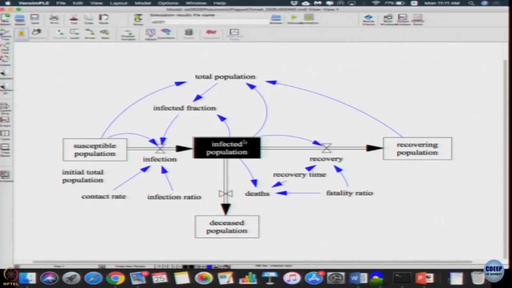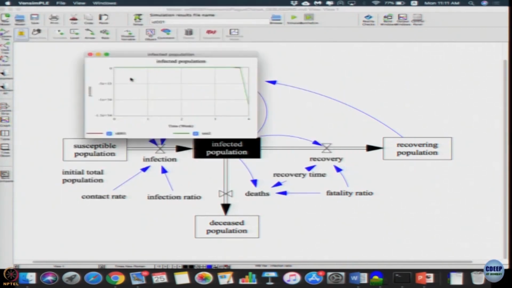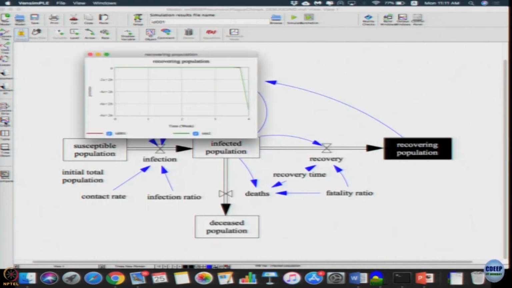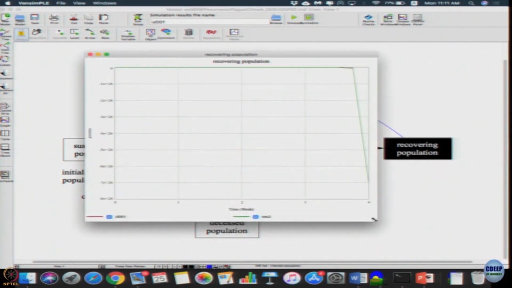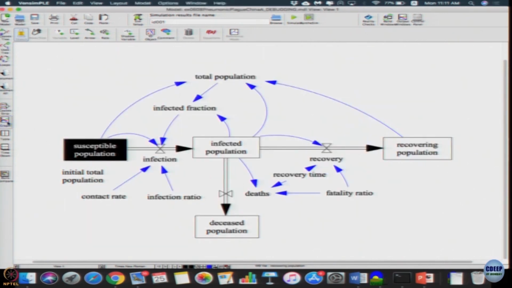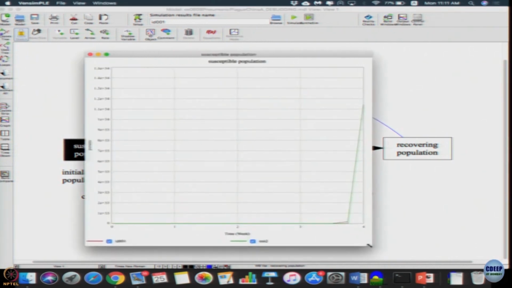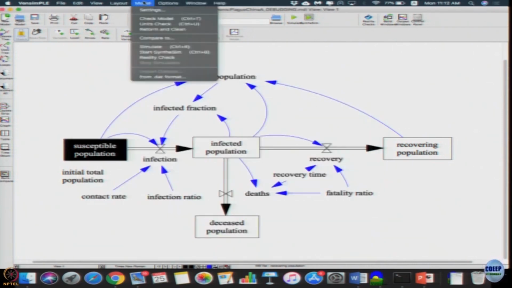We can actually look at the dynamics. Let us look at infected population. It is going negative. Large infected population or recovered population, everything just crashes and becomes negative. The susceptible population is increasing, which also doesn't make any sense. There are no inflows, yet it is increasing, right? So let us see whether the time step is the only issue here.